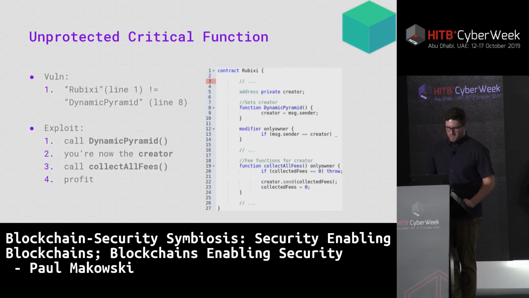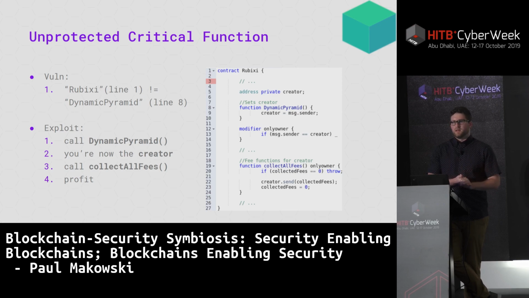So what does that mean? Here's one of the simplest sort of vulnerabilities you'll see. What you're seeing is at the top, you have the contract named Rubixi, and then you have a function called Dynamic Pyramid, and that's not the same string as Rubixi, so that's a normal function now.